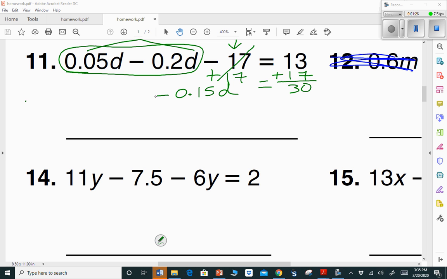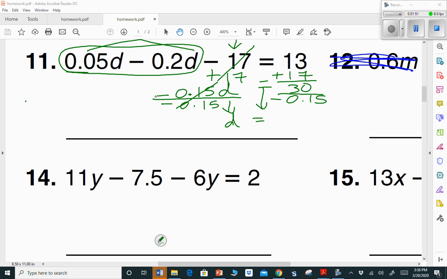And that may look kind of messy to you, but again, you get to use your calculator. So divide both sides by negative 0.15. The whole point was that goes away, leaving you with D equals, and then you have to do 30 divided by negative 0.15. Just use your calculator.